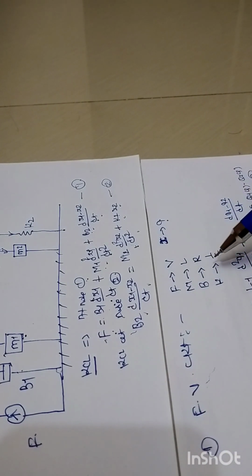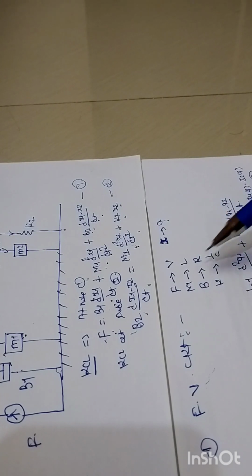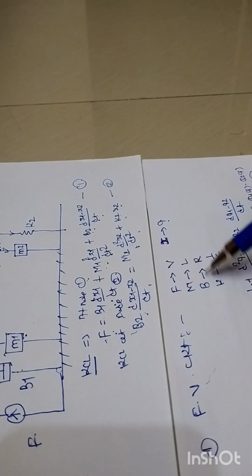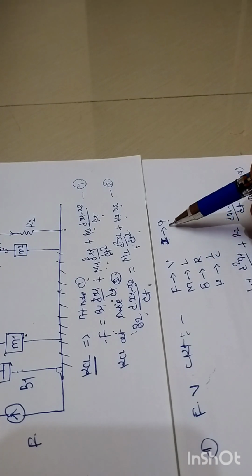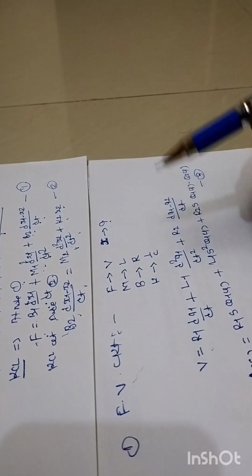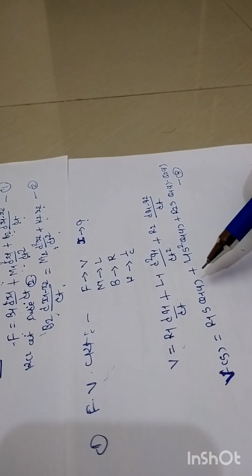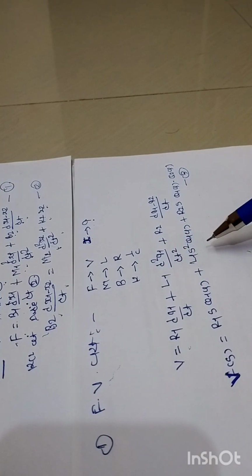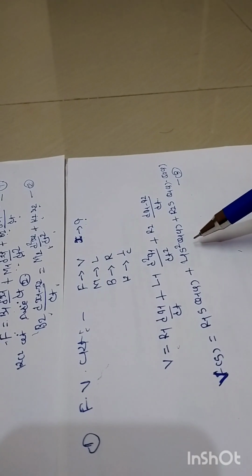These are the analogous terms we discussed already: F is V, M is analogous to L, B is analogous to R, K is analogous to 1 over C, and displacement is analogous to charge, Q. As a result, when we apply the Laplace transform to this existing equation, we get equation number 3.